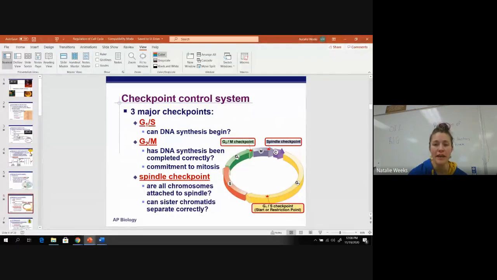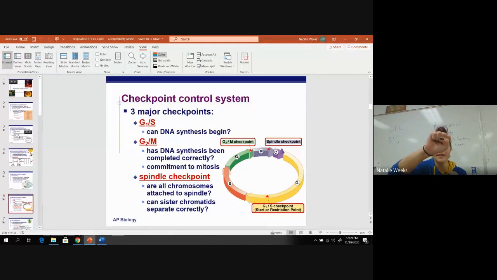And when we're looking at these, there are three main irreversible checkpoints. The first one is going to be in G1, between G1 and S, and that is, can DNA synthesis begin? Did my cell grow large enough to warrant actually going through cell division? So like if my fist is the size of a normal cell, we want it to get maybe at least double that size before we divide.